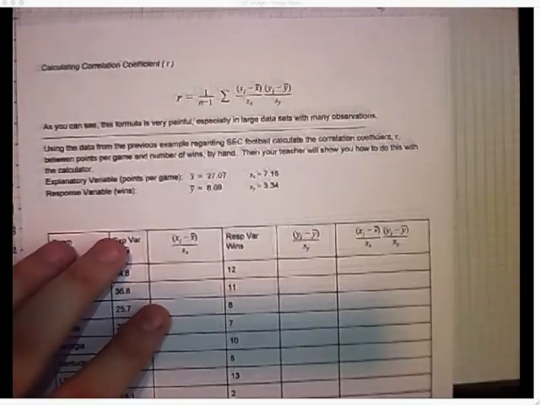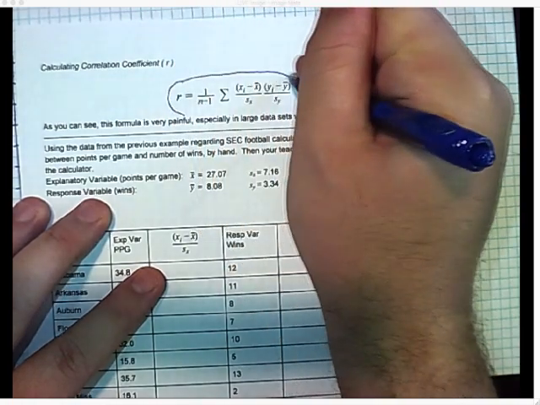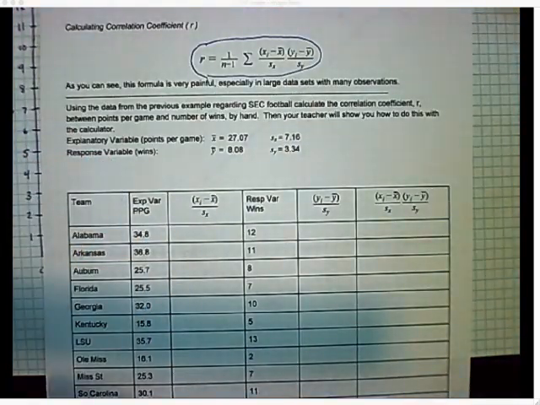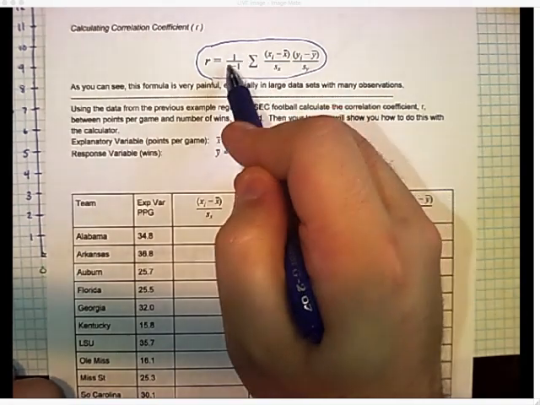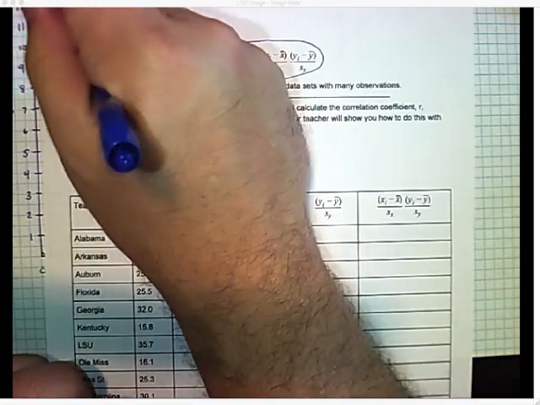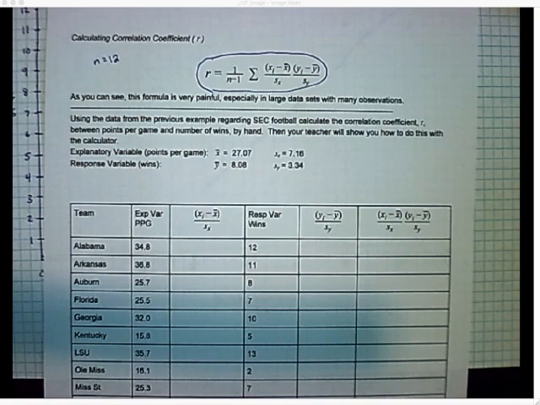Well, here you go. Here's the formula. That is the nasty formula to calculate R. Very painful, especially when you have big data sets. All right, so it says take 1 over the sample size. So in our example, we had 12 teams, so n would equal 12 in that case.